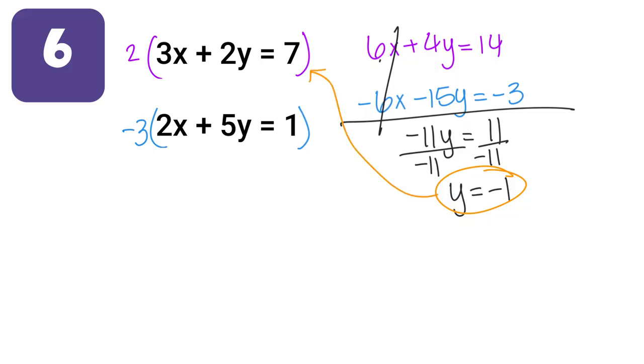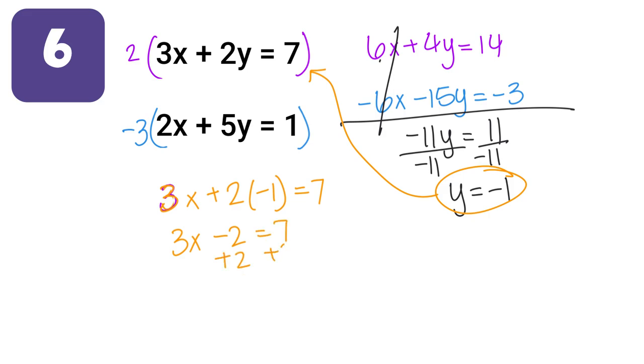So I'm going to go ahead and plug it into this one. So now I have, I'm sorry, not 3 times negative 1. Erasing this, it's 3x, because I'm solving for x since I have y, plus 2 times negative 1 equals 7. 3x minus 2 equals 7.